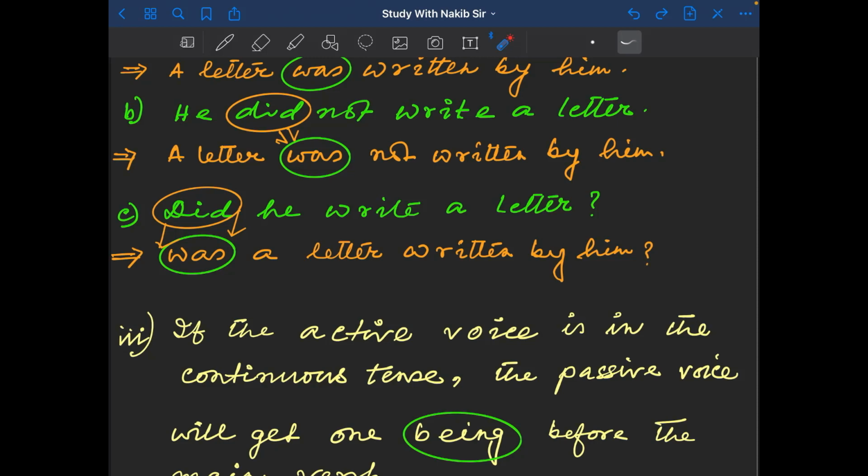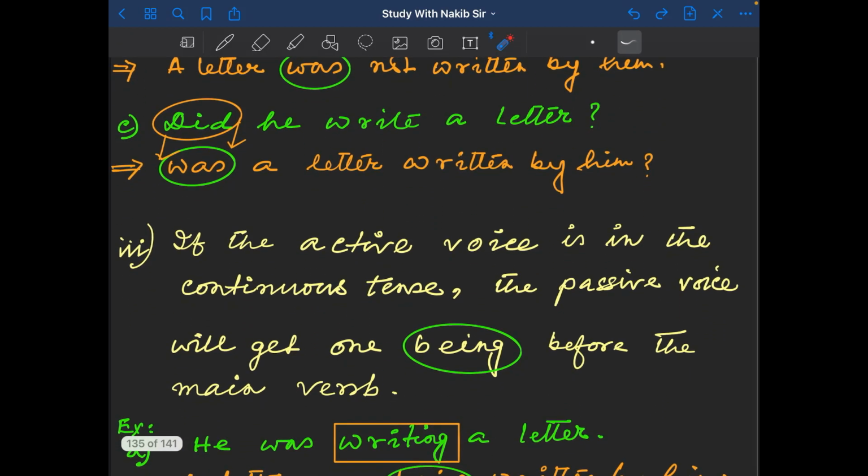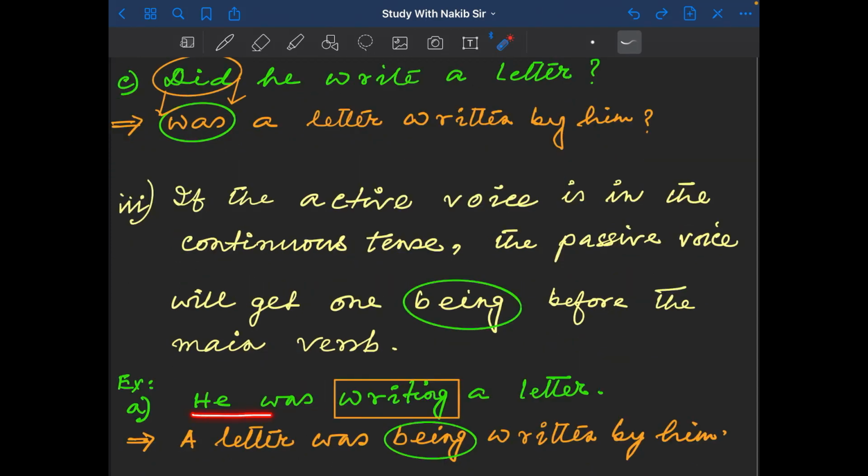Okay, so now another question. If the active voice is in the continuous tense, the passive voice will get being before the main verb. He was writing a letter. Writing, continuous tense. You need not know which continuous tense, just that it is a continuous tense. For the continuous tense you will get being in the passive voice before the verb in the past participle form.